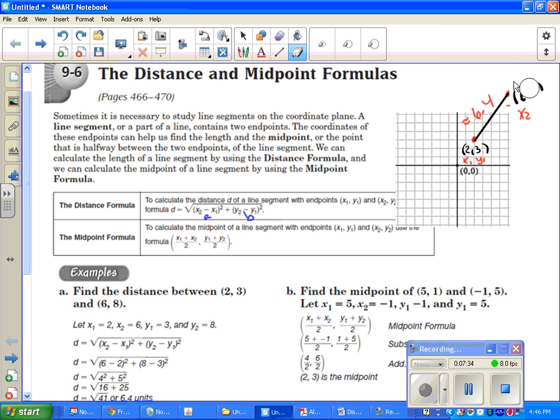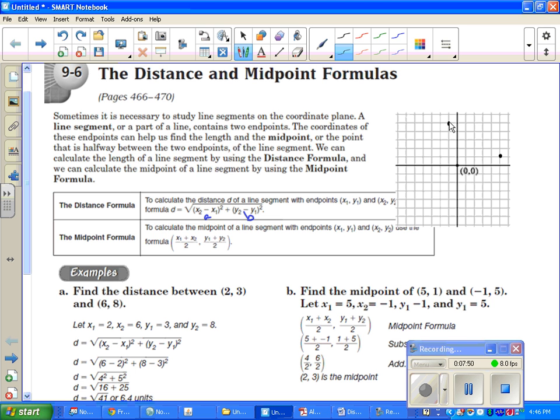So for this one, I'm going to show you what happens if we have the points 5, 1 and negative 1, 5. All right? And we want to know the midpoint. Well, you can tell it's going to be somewhere in here, right?